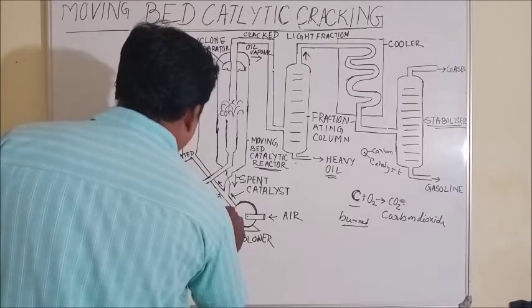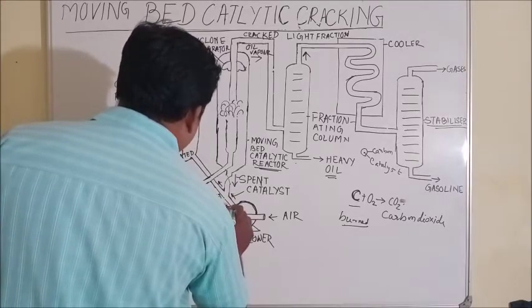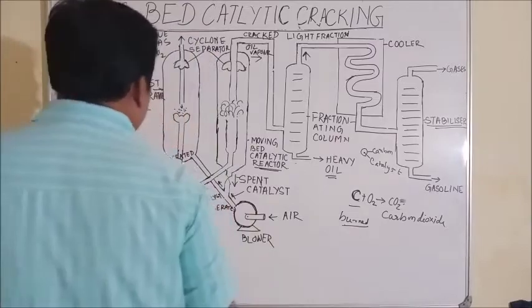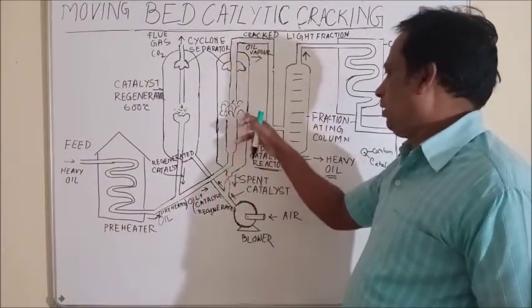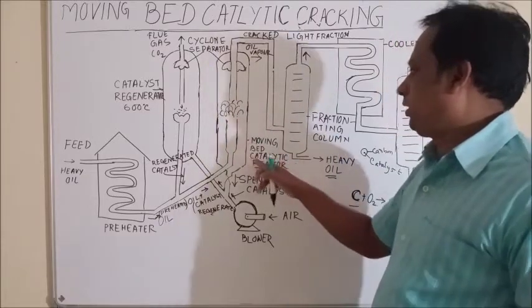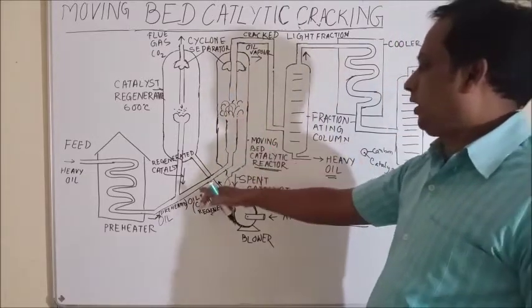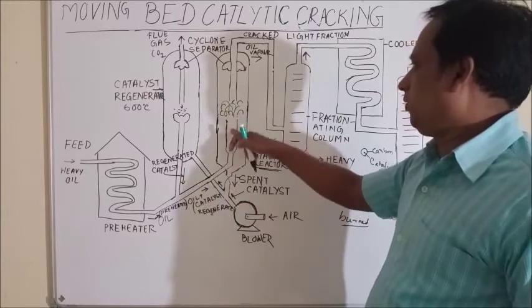So oil plus regenerated catalyst goes into the reactor. This is the moving bed catalytic reactor in which the regenerated catalyst and oil are coming.